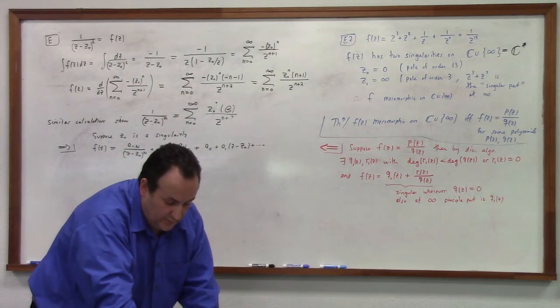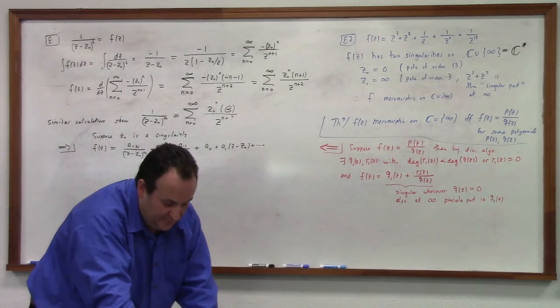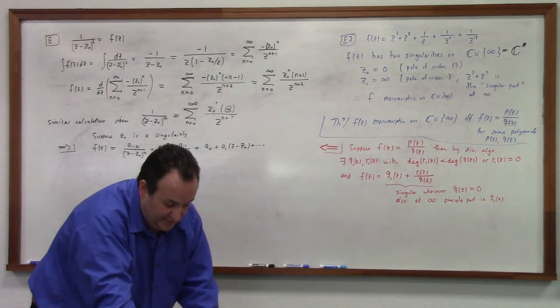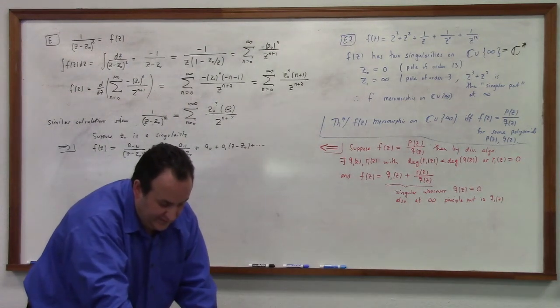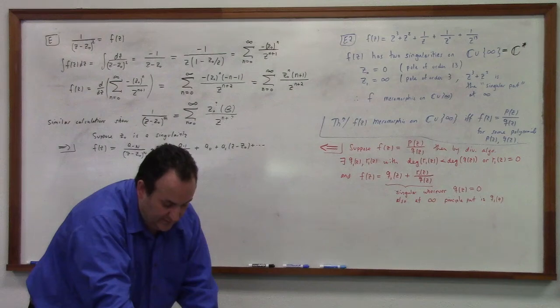If f is analytic at infinity, then we define p infinity of z to be f of infinity. Otherwise, f has a pole of order n, and p infinity of z is a polynomial of order n. In both cases, f of z minus p infinity of z is analytic at infinity, going to 0 as z goes to infinity.